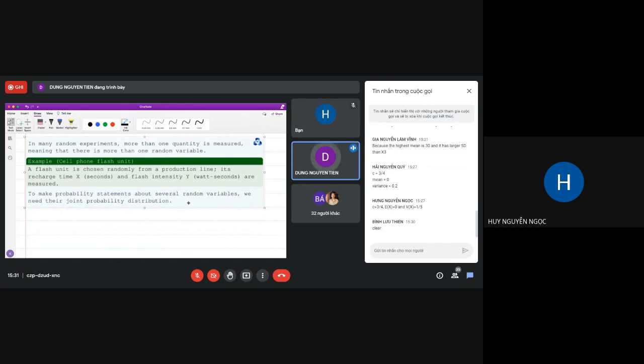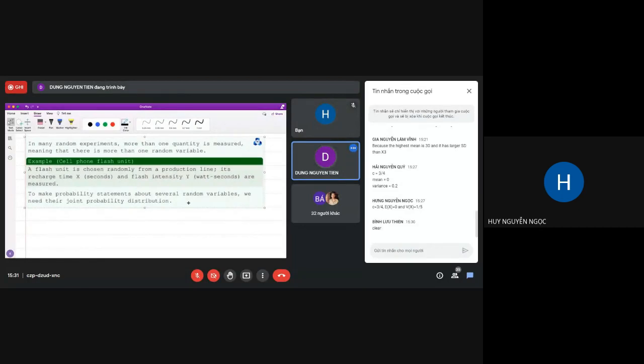You may want to say, why don't we consider each random variable separately? Then we only need to deal with a single random variable. Well, it is not that simple, right? Think about the performance of a student in a class.